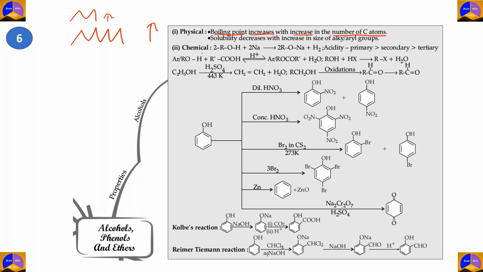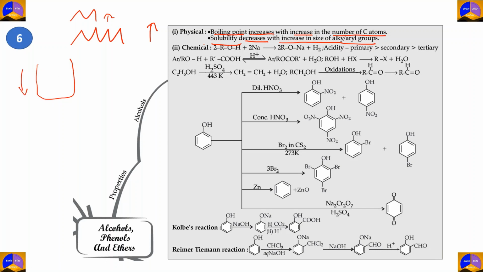The second point states that solubility decreases with increase in size of alkyl or aryl groups. So when we increase the size of alkyl or aryl groups, which basically means increasing the chain or the ring attached to the OH functional group, the solubility decreases.